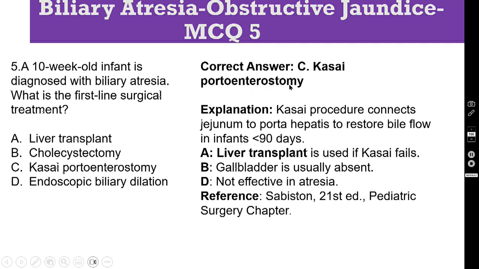Kasai's portoenterostomy must be done immediately. Because Kasai's procedure connects the jejunum to the porta hepatis to restore the bile flow in infants. You have to scoop out the porta hepatis so that the microscopic hepatic ducts will open, and then you connect the jejunum to it.